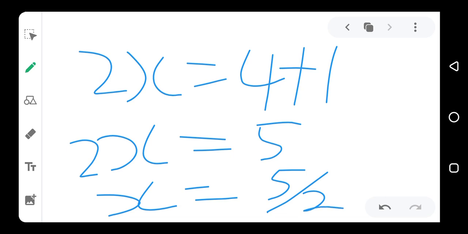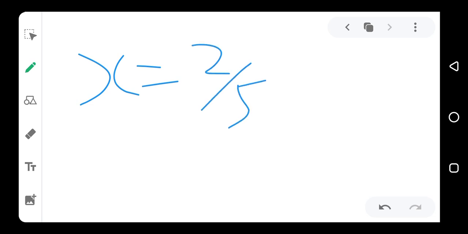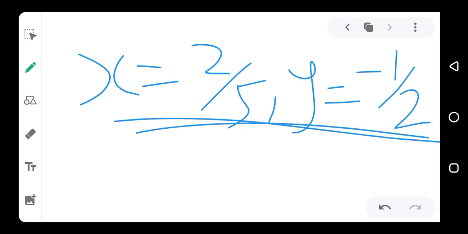So again, we have that our x is equal to 5 over 2 and our y is equal to minus 1 over 2. So this is the same thing we got before. Whether we use the substitution method or the elimination method, we are going to get the same answer.